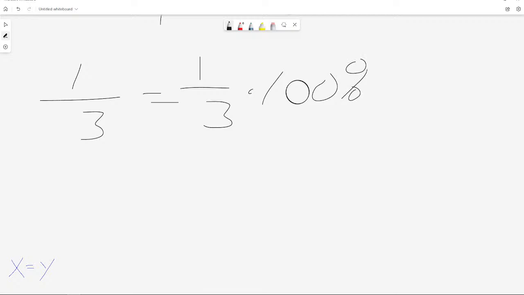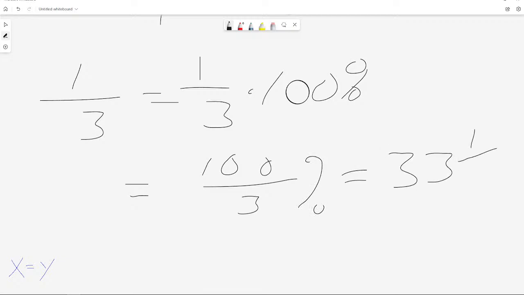Well, that comes out to 100 over 3. We still have the percent on there. 3 goes into 100 33 1/3 times. So 1/3 is equal to 33 1/3%.